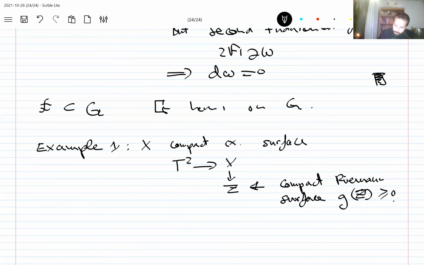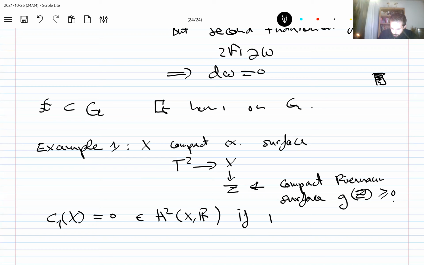Then you have that the first Chern class of X is 0 in de Rham if the T² fibration is non-trivial. Another way to say it is if X is non-Kähler.